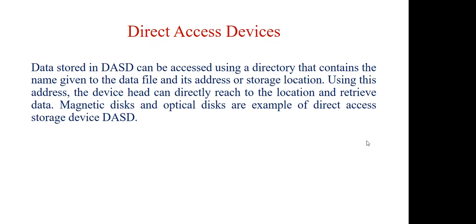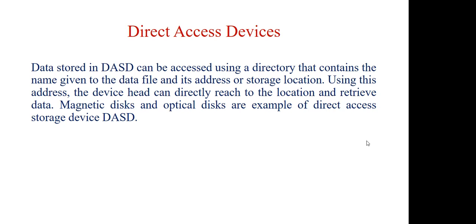You see, we have data stored in our hard disk. Whenever we want to play some music, we go to the directory, some drive like C drive, D drive, E drive of the computer.